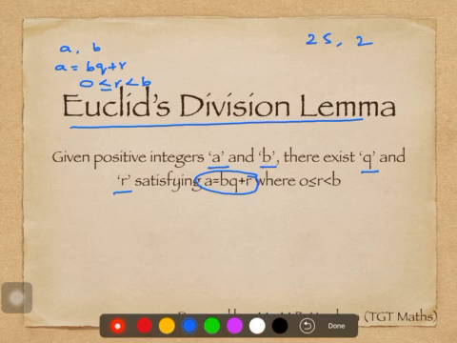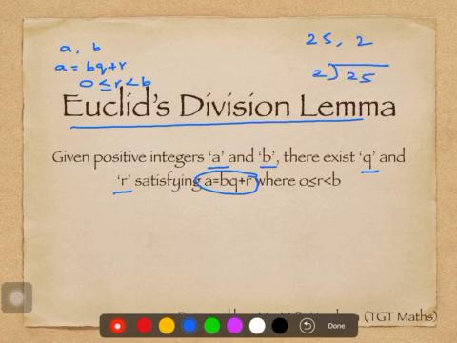When we take two given positive integers a and b, one is the bigger number and the other is smaller, like here 25 is bigger than 2.